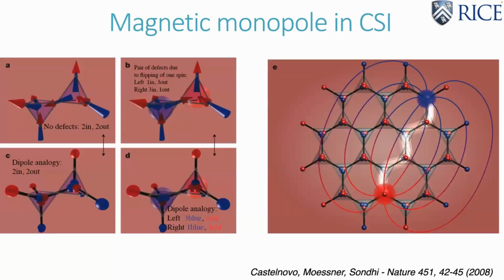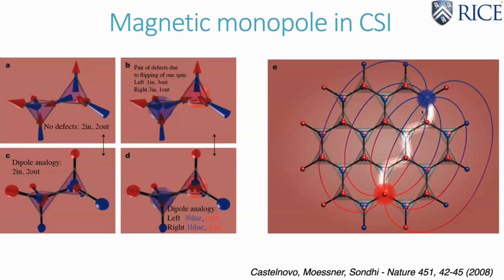So in classical spin ice, there's a famous magnetic monopole excitation. When you flip one spin, you create the 3-in 1-out and 1-in 3-out from the 2-in 2-out scenario.